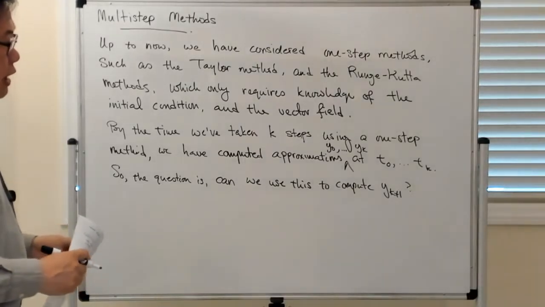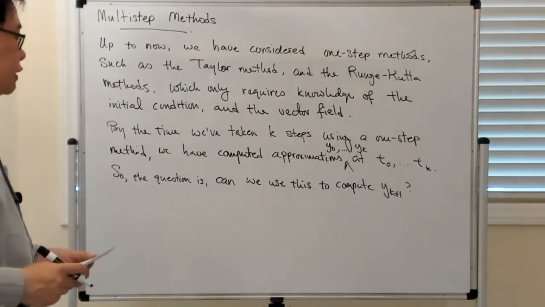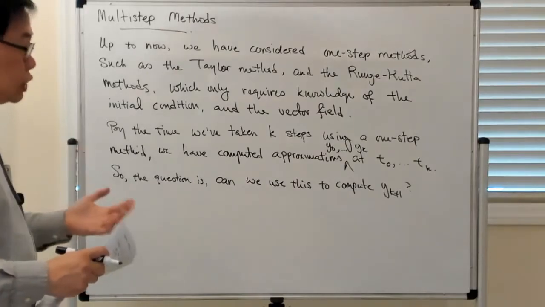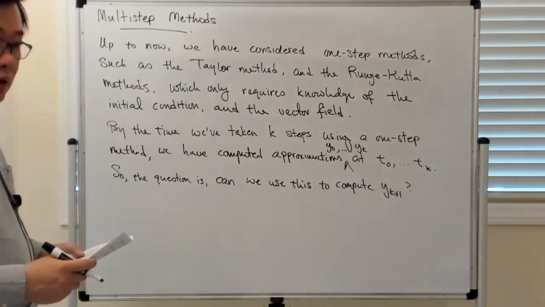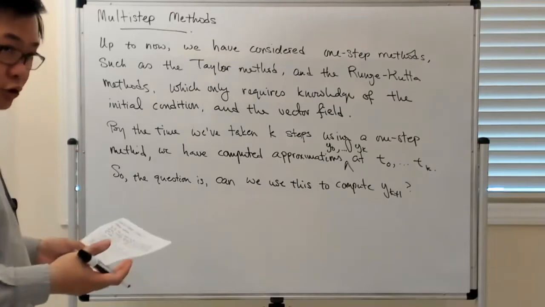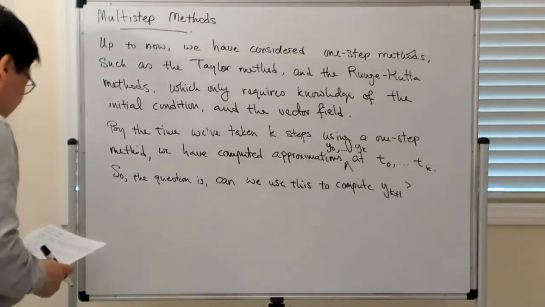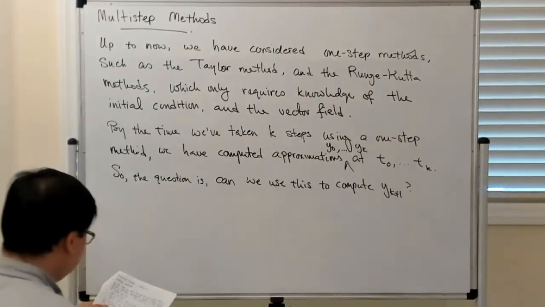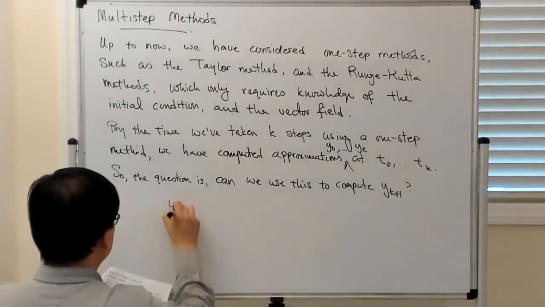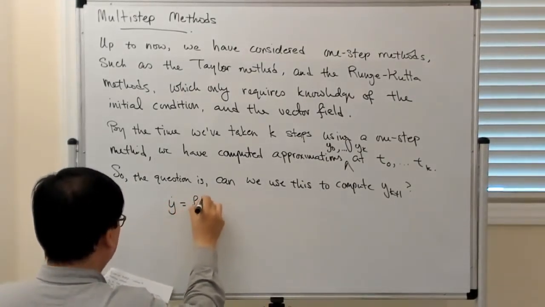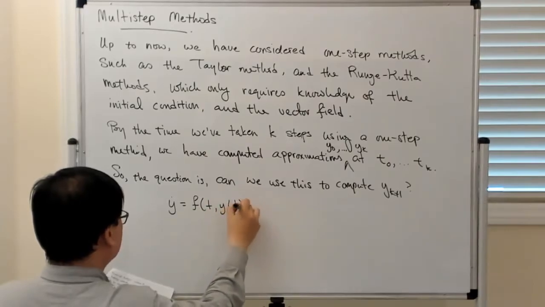And as was the case with the Runge-Kutta methods, what essentially happened was that we weaponized the fundamental theorem of calculus. So let's try to see whether we can do something similar again. We know that there's a differential equation, y dot is equal to f of t, y of t.